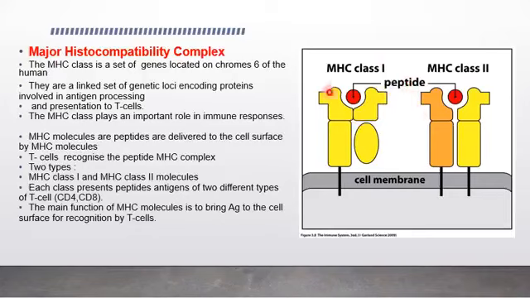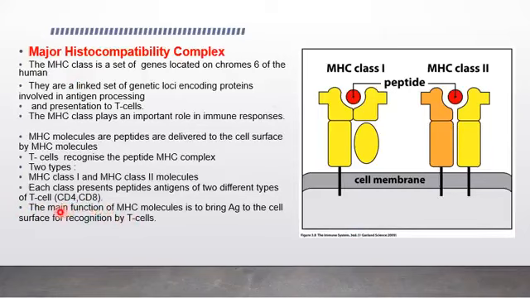The MHC class 1 binds to the CD8 receptor, the T cell receptor CD8. It means the cytotoxic T cell. And the MHC class 2 will bind to the CD4, which is the T helper cells.